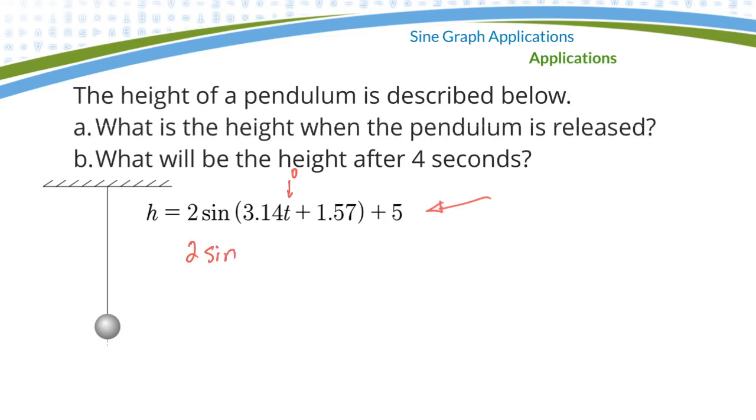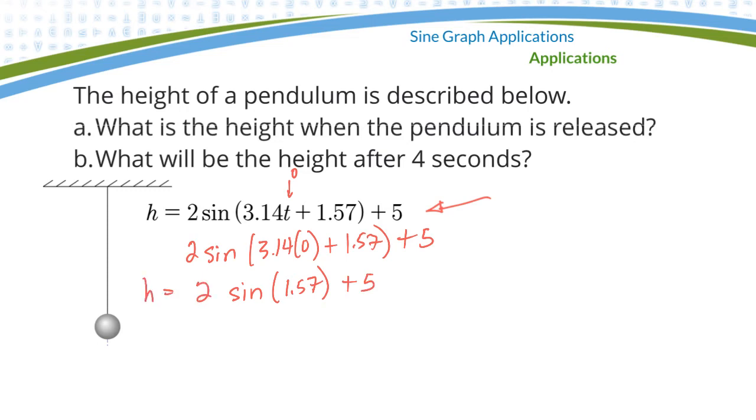So 2 sine, 3.14 times 0 plus 1.57, plus 5. Okay, 3.14 times 0 is 0. 0 plus 1.57 is 1.57. So it'd be sine of 1.57 plus 5 with a 2 out front. So that would be the height.